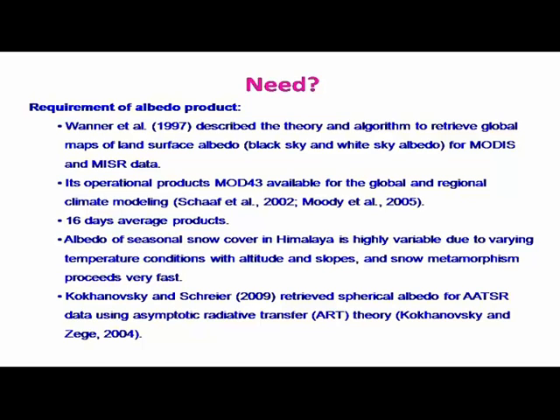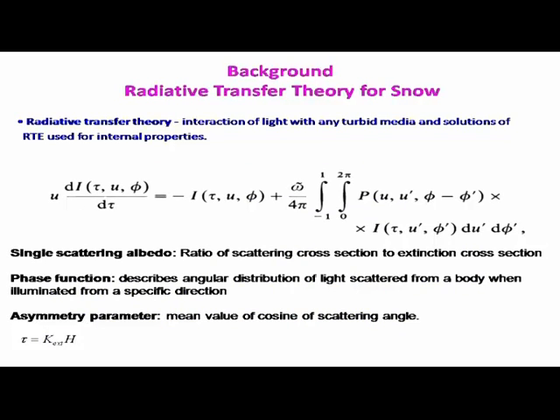So Kokhanovsky and Zege in 1994 retrieved the spectral albedo using AATSR, a sensor on board the Envisat satellite, using asymptotic radiative transfer theory, that is ART theory. And here I will be discussing this theory.